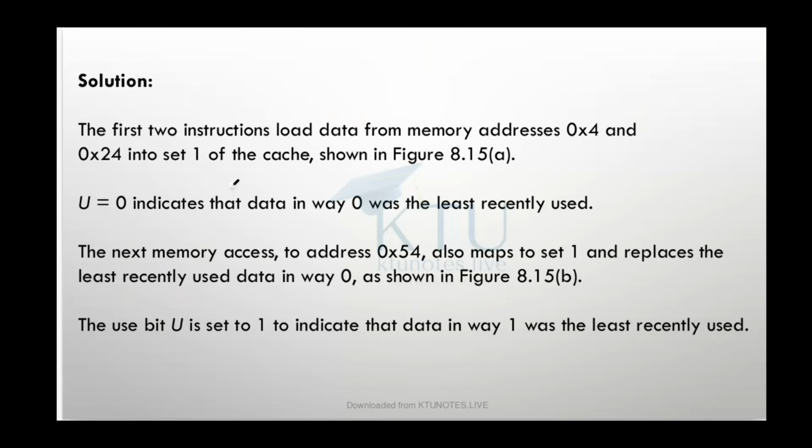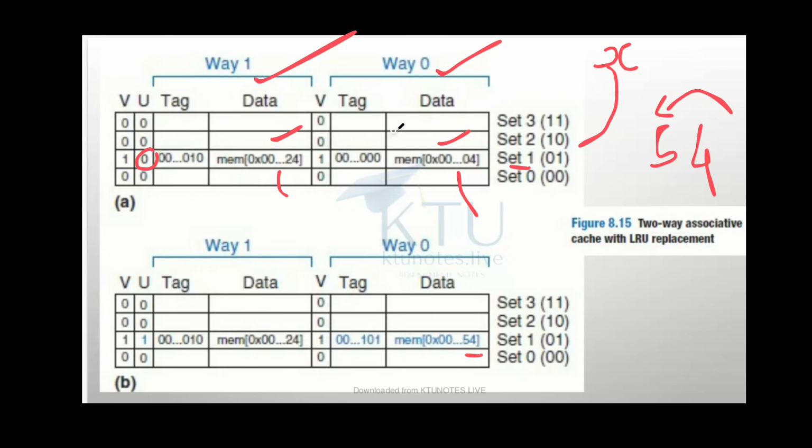First, in way 0 of set 1, address 4 goes, and then in way 1 the address 0x24 goes, which is the most recently used, so the use value would be 0. Way 0 is least recently used because we used it first and used the other later. Right now I am mostly using 24.